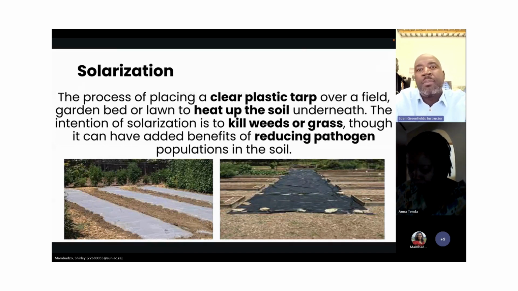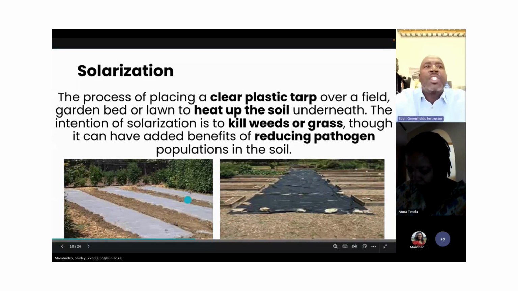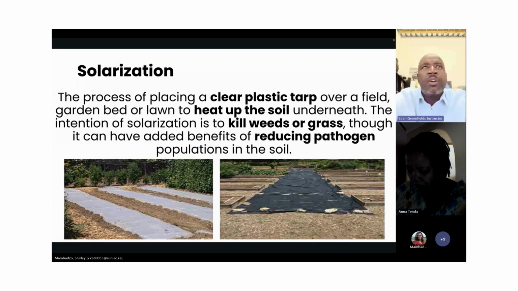Now, one will ask, how long does this solarization process take? Here in Namibia, normally we experience higher temperatures, which means with a plastic like that, we can give it, let's say, 2 weeks.